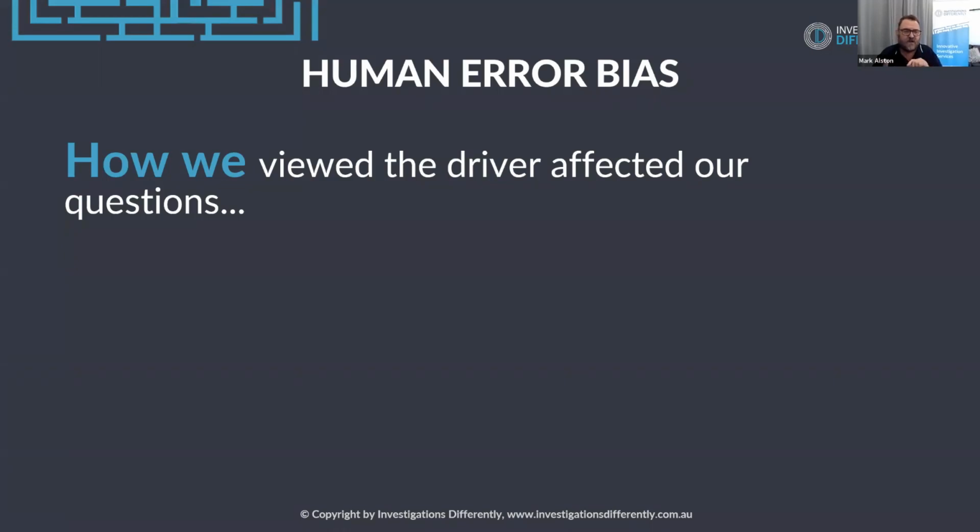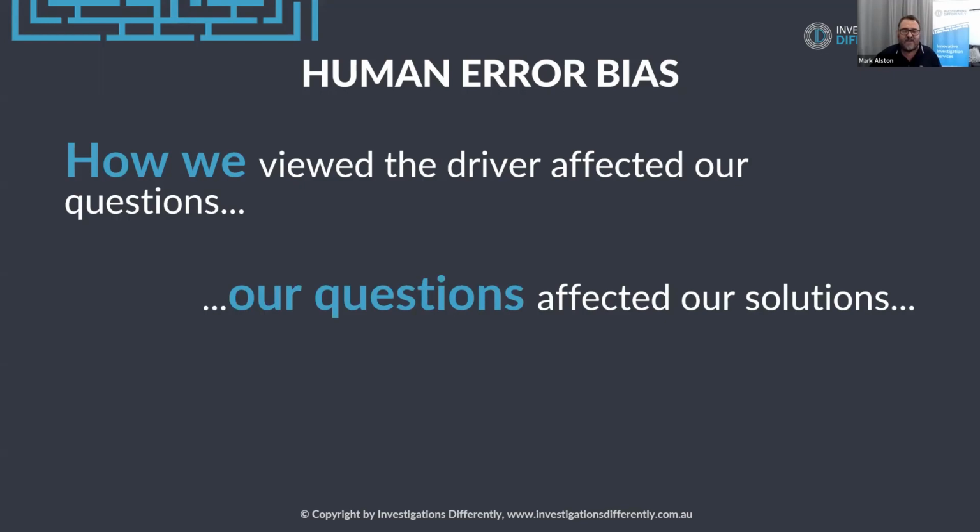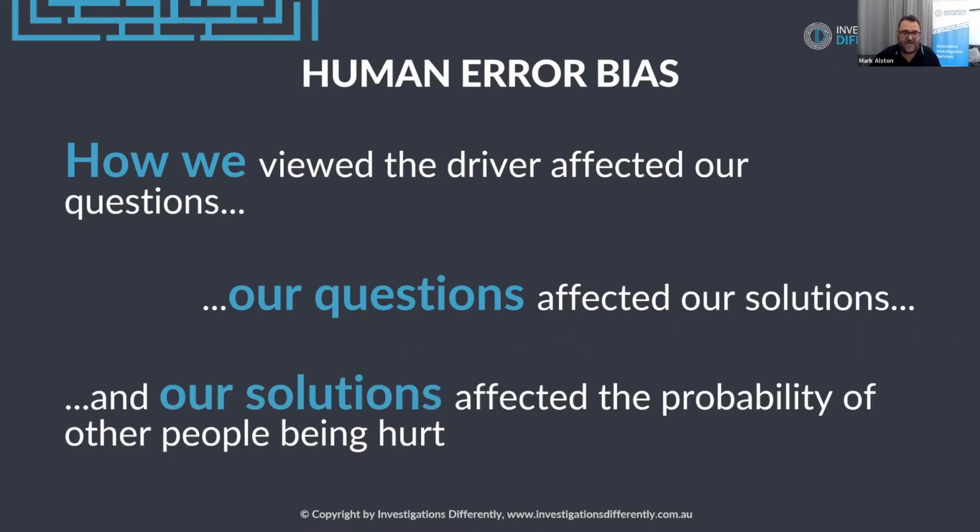Did the driver speed? Was the driver trained? Were they experienced in those conditions? And all those questions are purely about the driver, right? If we only ever ask questions about the driver, our solutions will all be about the driver. And that's all we're going to have. And unfortunately, if that's all we do, then we've still got risk for the rest of everyone.